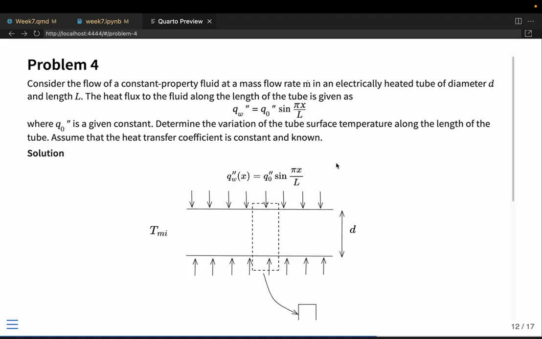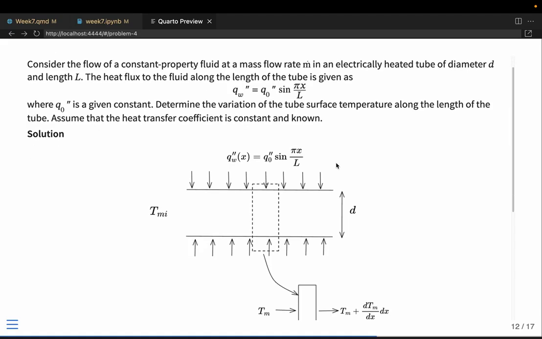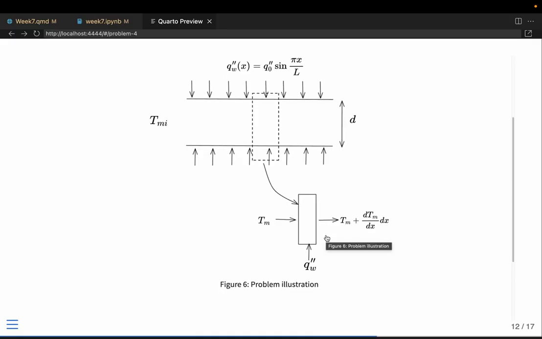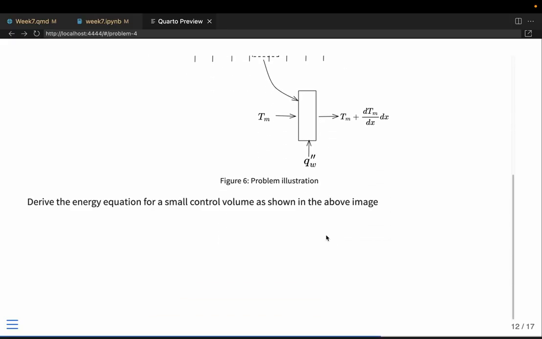First thing is you understand what is happening here. So take a small control volume here. This is what we have done when we were deriving even before also. For this small control volume that we are considering, if you write the energy balance, m dot Cp times dTm should give you whatever heat flux is added, that is q into Px that you have considered.